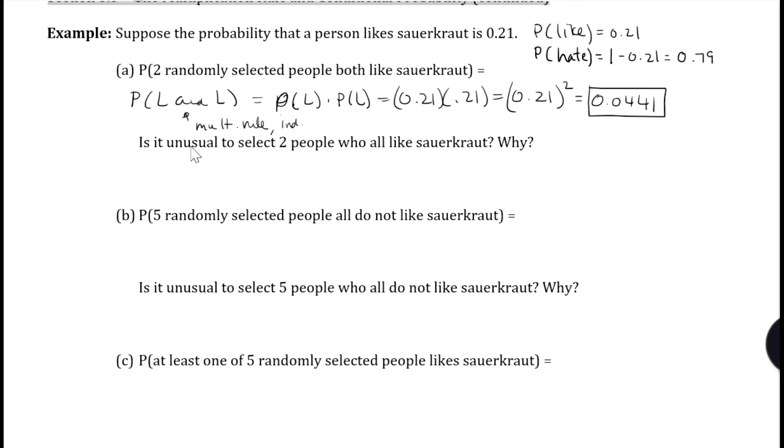Is it unusual to select two people who both like sauerkraut? Why? So it is unusual, because this is the same thing as saying about 4.41%, and to be unusual, you have to be less than 5%.